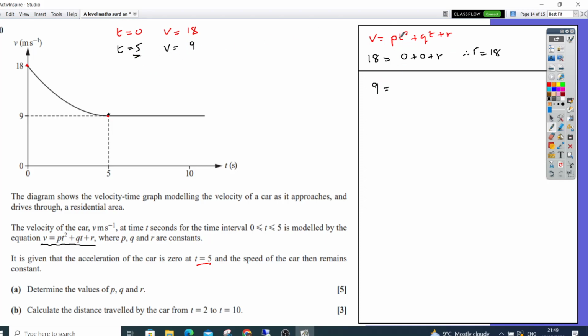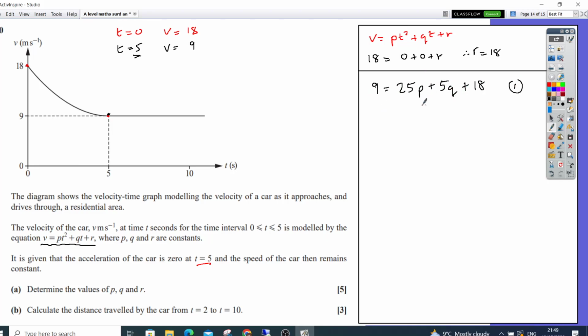If I put t is 5 there, that's 5 squared, which is 25. So I'm going to get 25p, plus 5q, and we know that r is 18. Okay, so that's going to give me equation 1. I'm just going to leave that be at the moment because we can't do anything there.